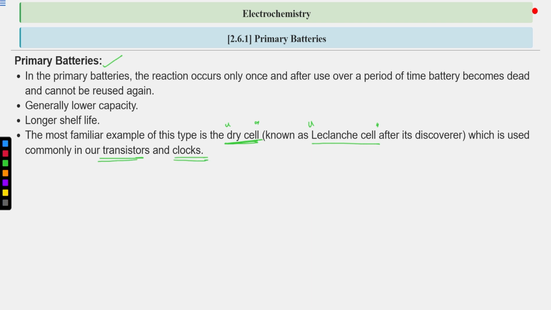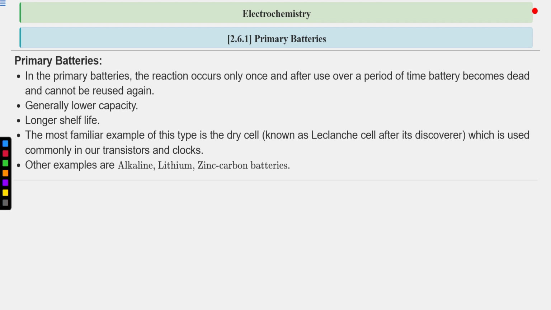Okay, so transistors and clocks are good examples of primary batteries, because the battery we use in clocks has a particular period of time for which the clock works, for which the cell works, right? And then when it becomes dead, all the energy gets used, and then we throw it out because we cannot recharge it again.